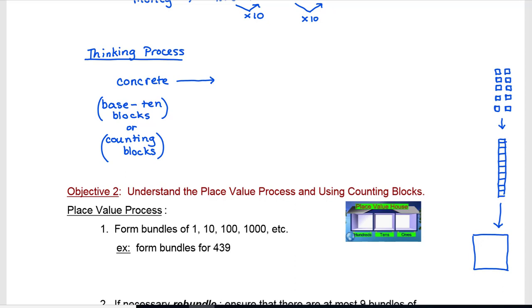Once they get past just playing with them, then they're going to put everything to pictures. So we're going to call this pictorial. This is where we're going to introduce what's called the chip model, or we're going to use words and expanded form.